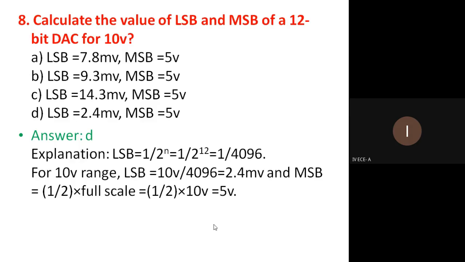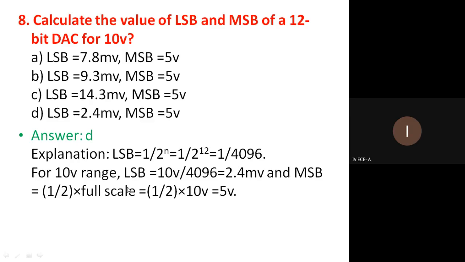Next problem: calculate the value of LSB and MSB of a 12-bit DAC for 10 volt. Four options are given. Here the answer D is correct. Explanation: LSB is equal to 1 by 2 power n, where n is 12. So 1 by 2 power 12 is 1 by 4096.